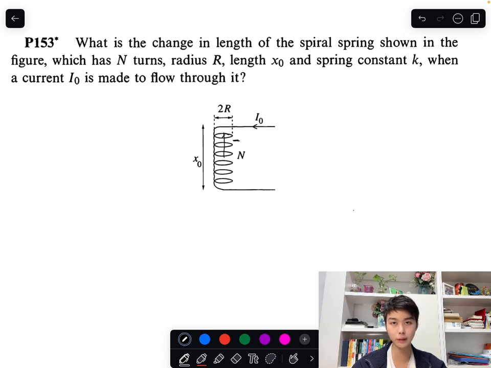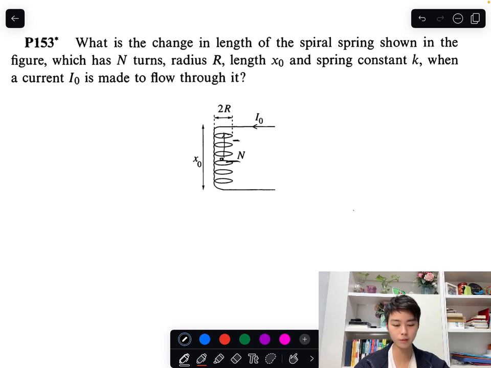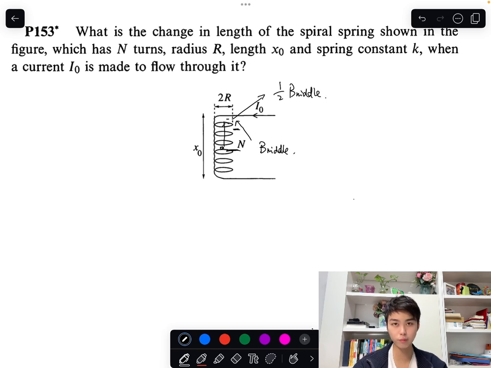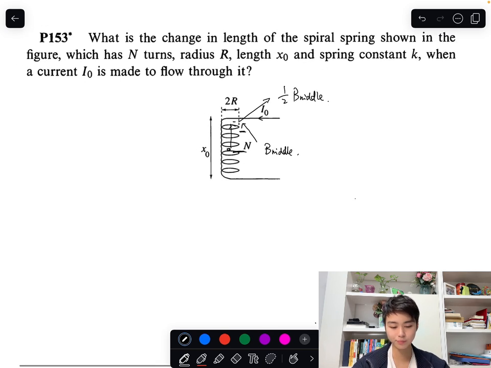We just know that at the center here, it has the biggest magnetic flux density, B middle, and it goes down, down, down. At the open end, we have 1/2 B middle. This is the first thing you need to know, and you have to remember that.